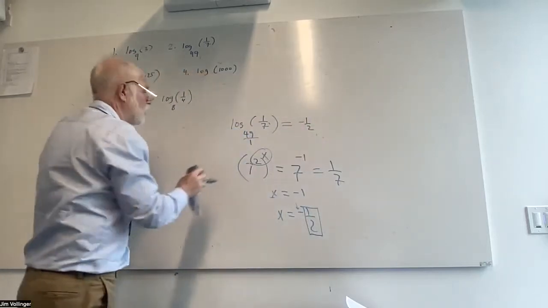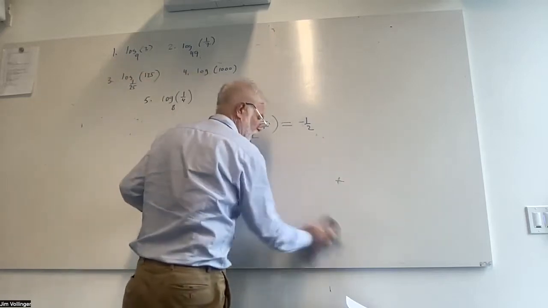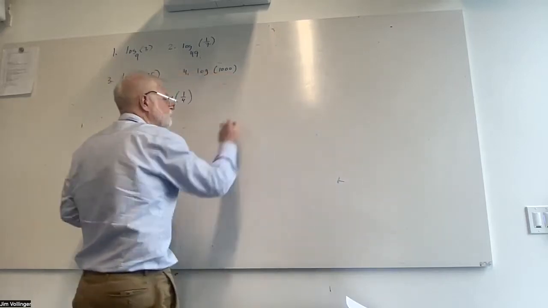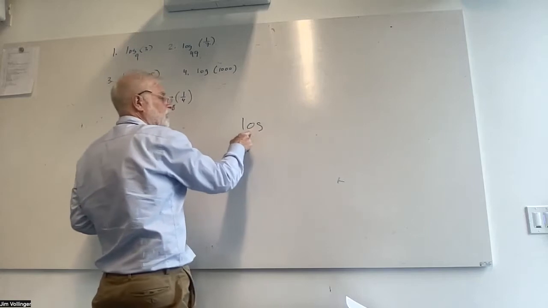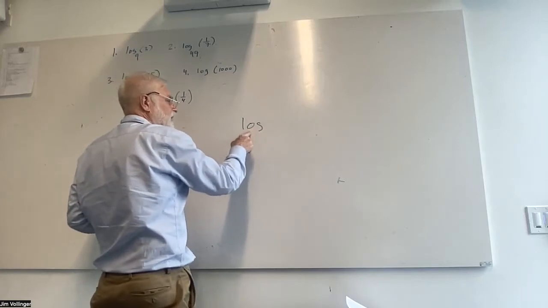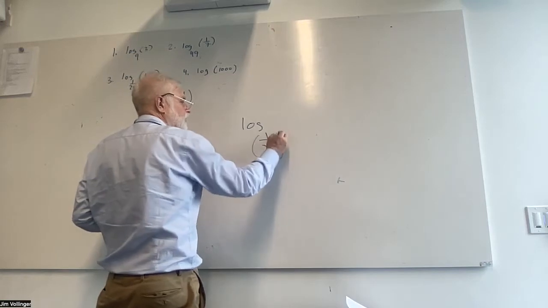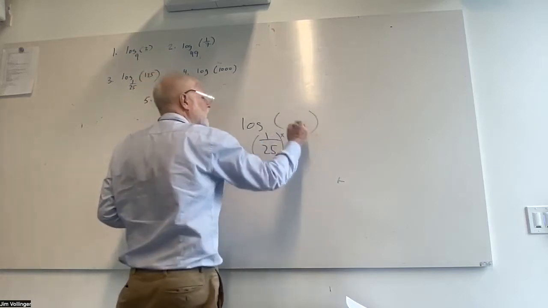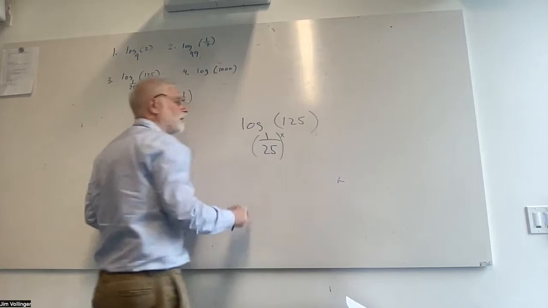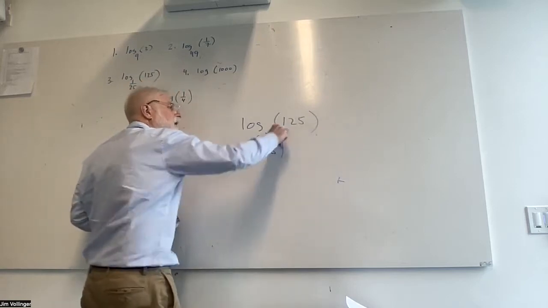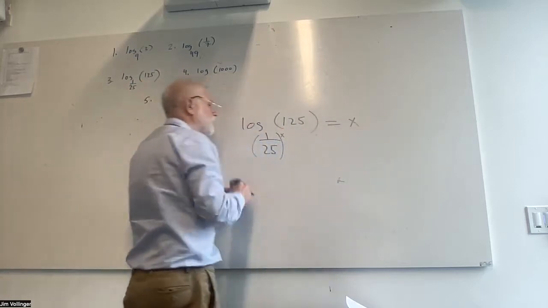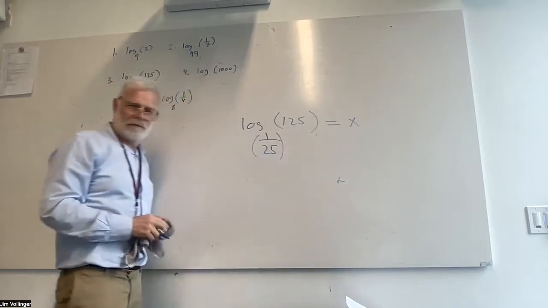Now we're going to do log base 1/25 of 125. I'm finding an exponent. That's what that command means, that I put on top of this. So I'm going to put it right there in order to get this. All right, that's what I'm looking for. What do I do to that? I'll put the x here now, and let's solve that equation.